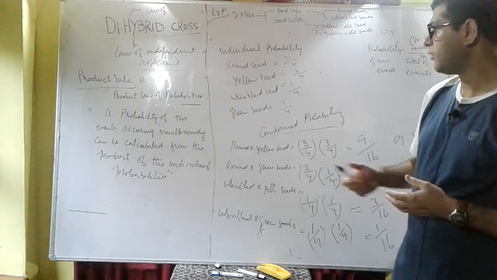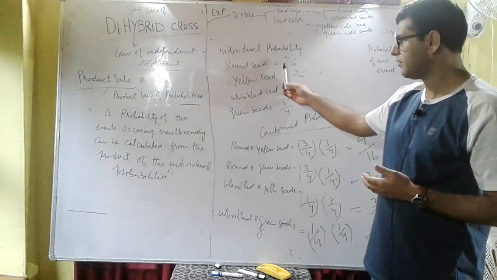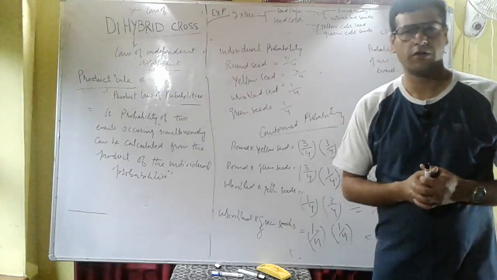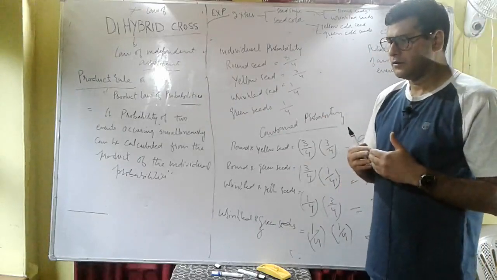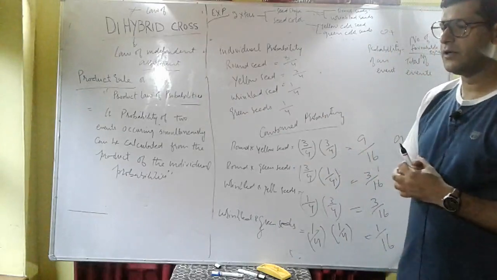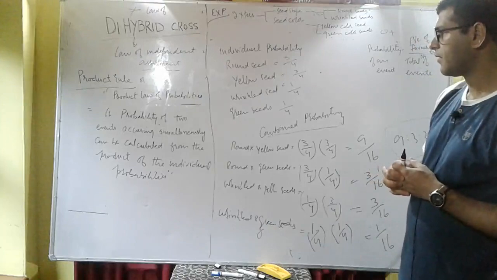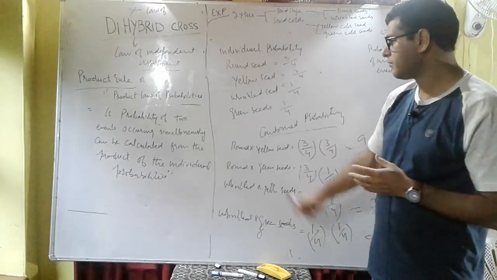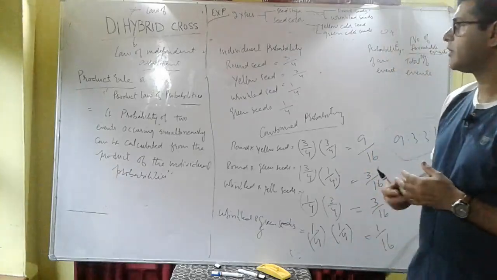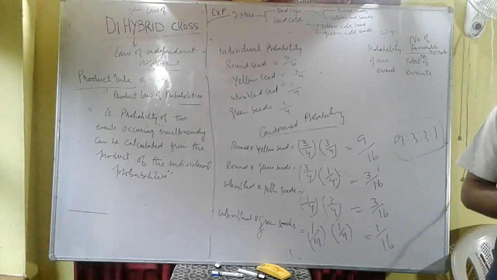The probability of two events occurring simultaneously can be calculated from the product of the individual probabilities. This is called the Product Rule or Product Law of Probabilities. Thank you so much.